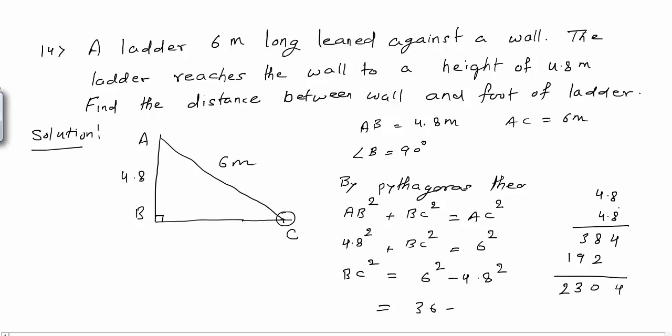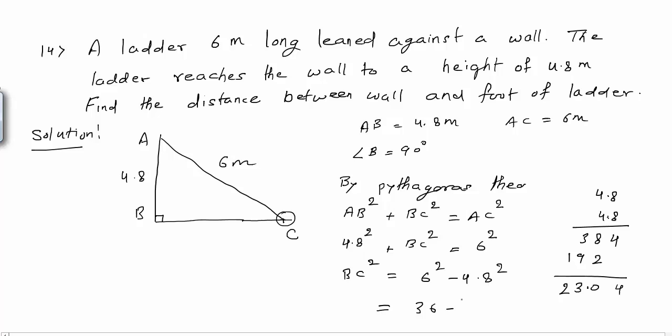We get 2304. Now 4.8 has one digit after the decimal, and in this 4.8 also one digit after the decimal. So in my answer there should be two digits after the decimal. So I say that it is 23.04.